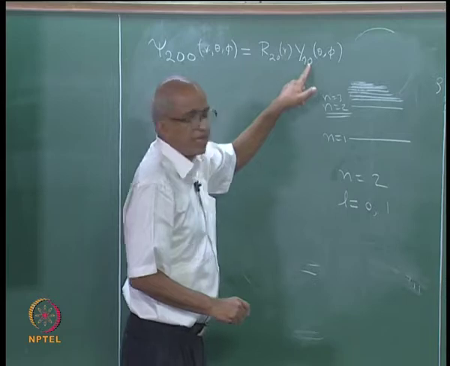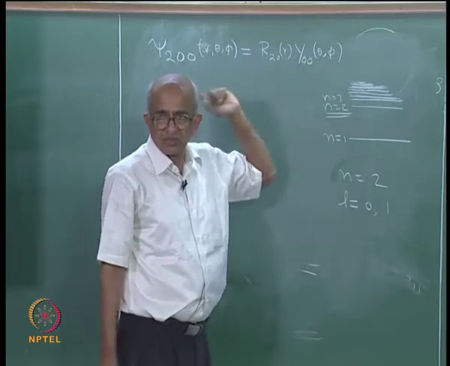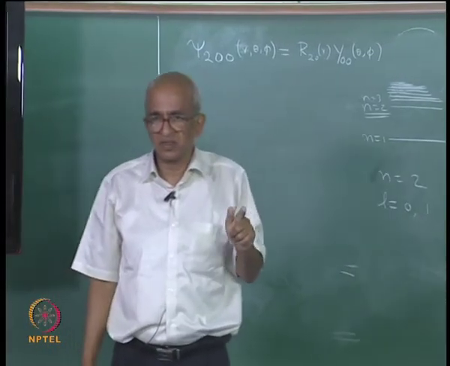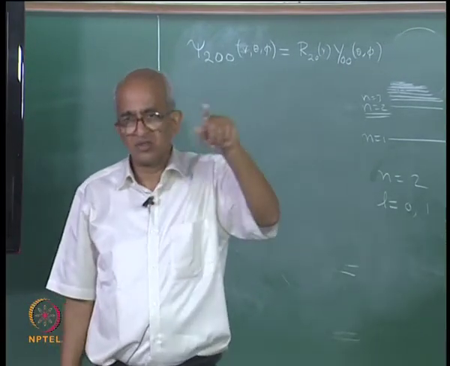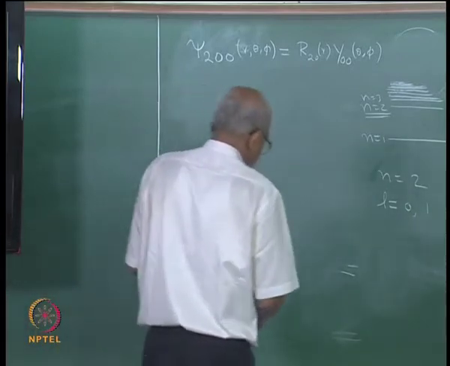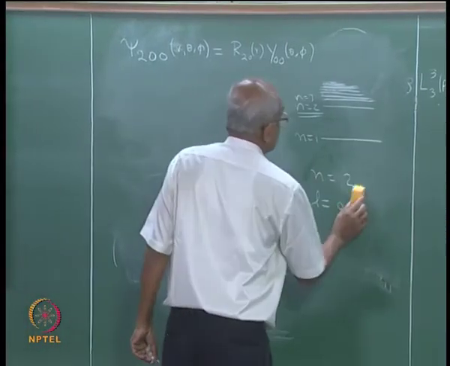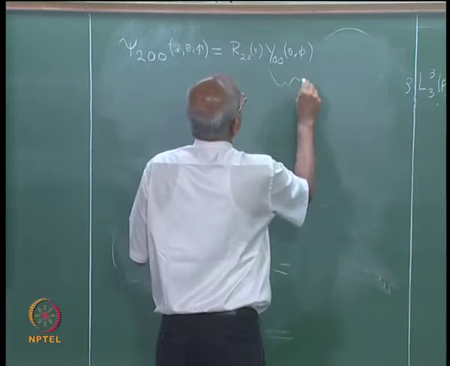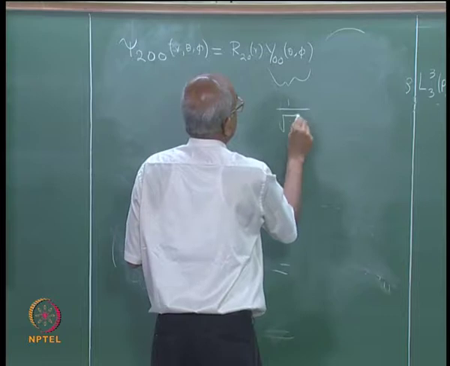So, the angular part is just y00, but y00 is something that we are already familiar with, because in the case of the 1s atomic orbital we wrote this down, and we found that it is 1 by square root of 4 pi.